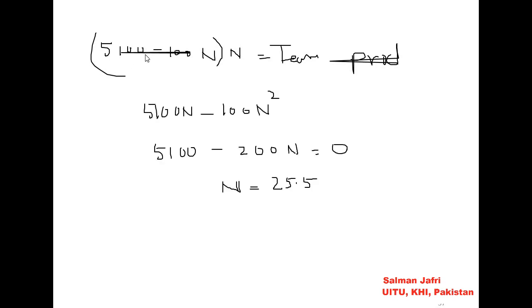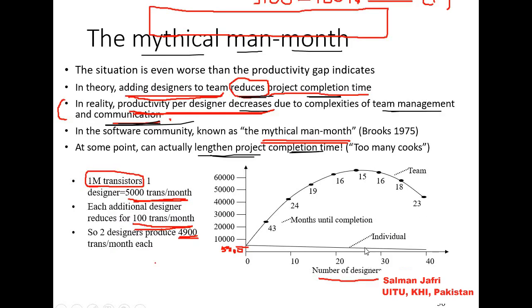So this is the individual productivity multiplied by the number of members, which is team productivity. We expand this, differentiate with respect to n, and then equate it to 0 to find the maximum point. The maximum point comes out to be n equals 25.5, which means at 25 and 26 we have the maximum team productivity.